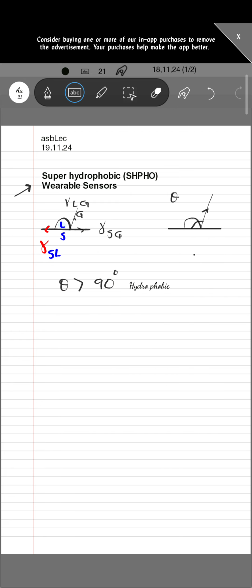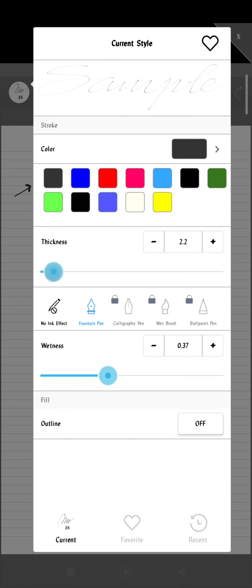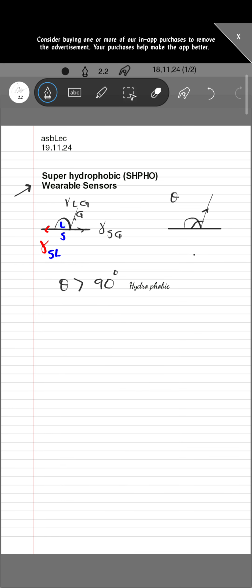And if it is less than 90 degrees, then it is called hydrophilic.